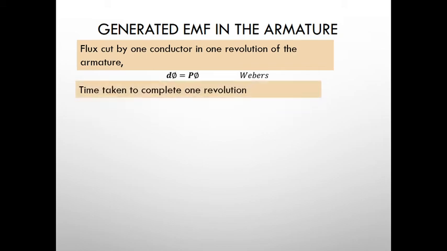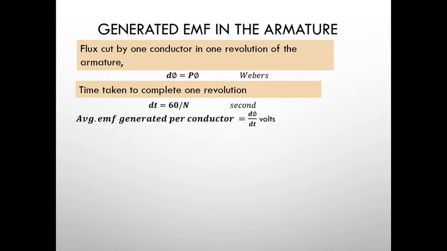So time taken to complete one revolution, dt, changing with respect to time, so 60 over n, speed n. So average EMF generated per conductor is d flux over dt, volts.